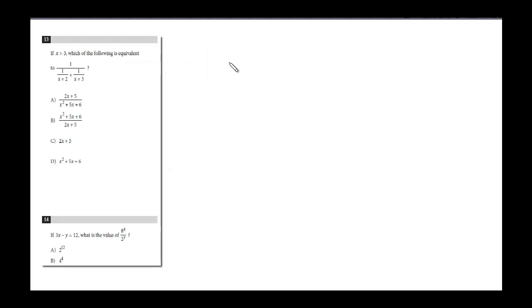Let's look at number 13. We are told if x is greater than 3, which of the following is equivalent to 1 over (1/(x+2) + 1/(x+3))? It will be equal to, I always align the main fraction line with the equal sign, it is very important.